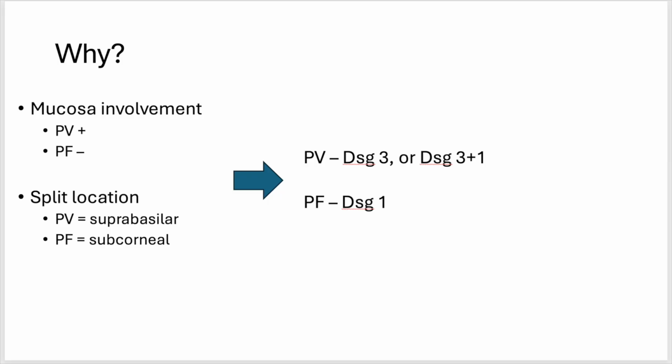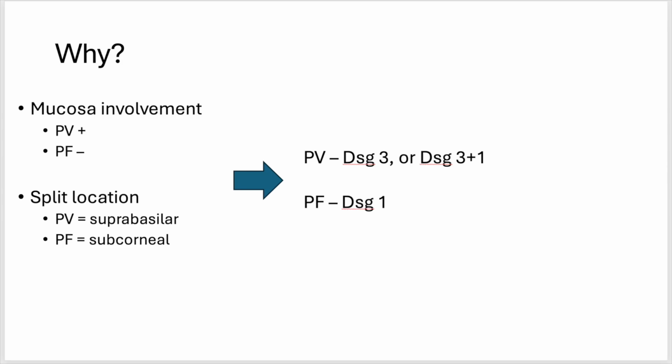So let's take a second and ask yourself, why do pemphigus vulgaris and pemphigus foliaceus behave so differently? Why does one affect mucosa and cause deep erosions, while the other is more superficial and spares mucosa completely, if they both involve desmoglein? It all comes down to which desmoglein is being targeted and where the desmoglein is expressed.